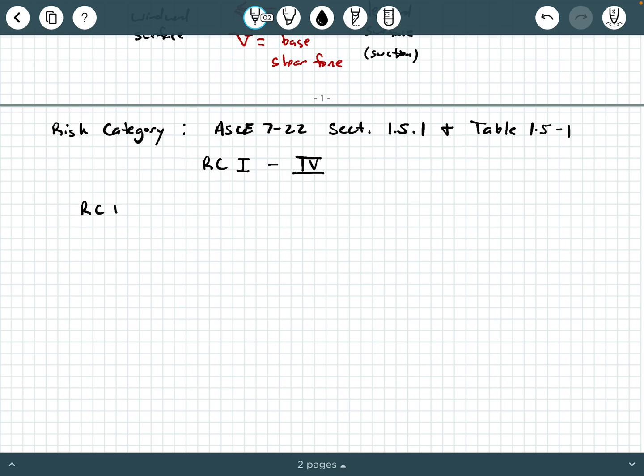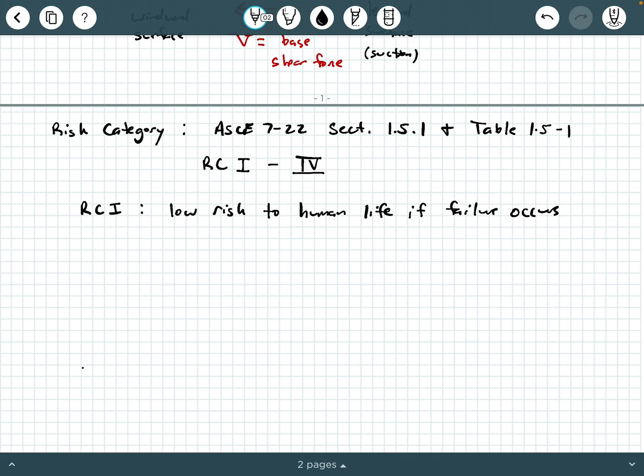RC1 structures, so I'm going to say RC1 structures have a low risk to human life if failure occurs, okay?